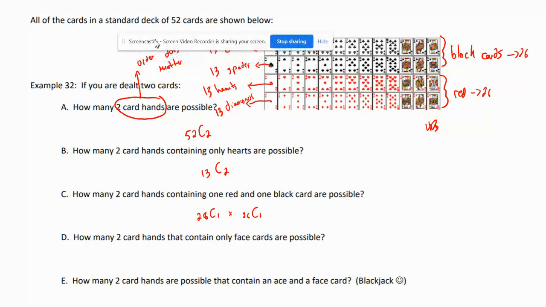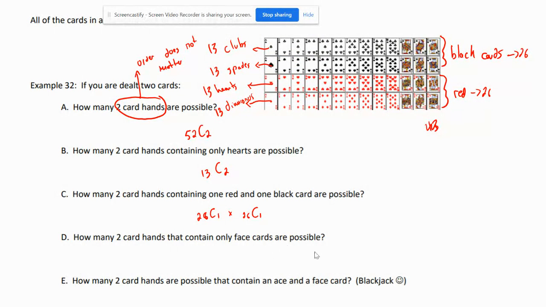How many 2-card hands contain only face cards? Okay, so only face cards, well, there's 3 face cards here, 3 here, 3 here, 3 here. That means there are 12 face cards in the deck. Okay, how many 2-card hands are possible that have an ace and a face card? Okay, well, there are 4 aces.